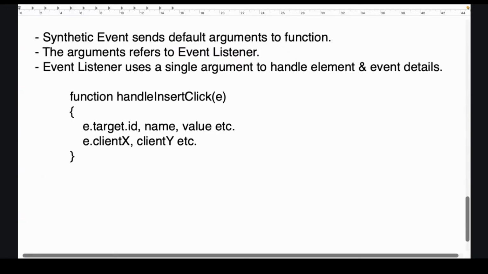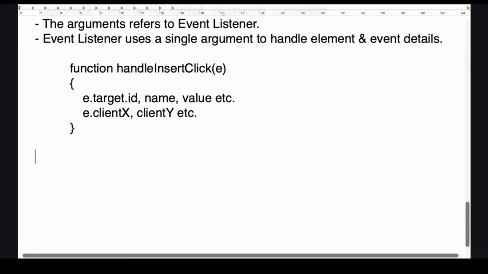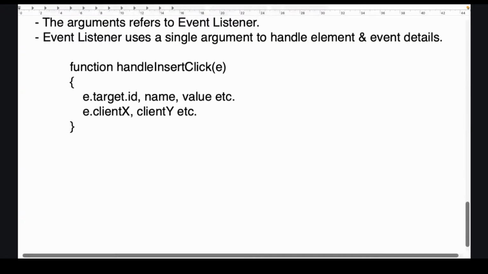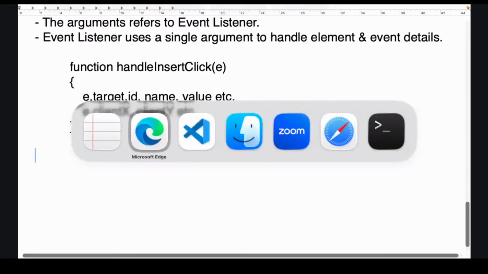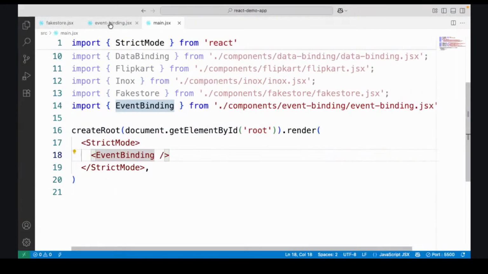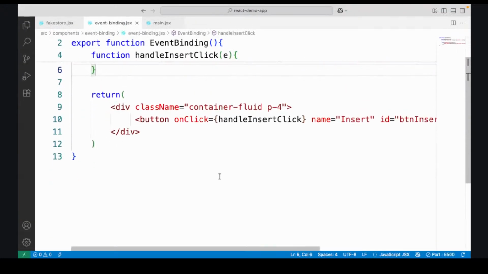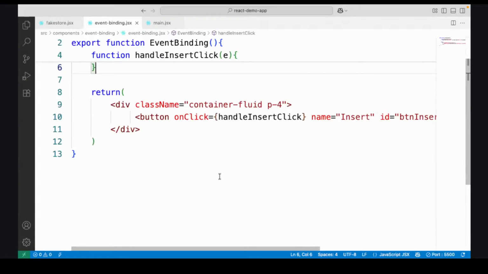Now another important point: obviously the question will come, how do we send default arguments then? Because automatically it is having arguments. Here there is no scope of sending default arguments. You can't send any arguments in this syntax.